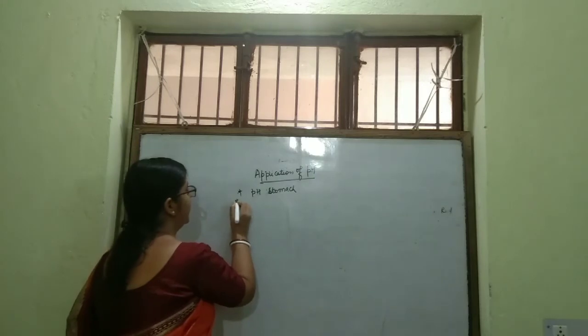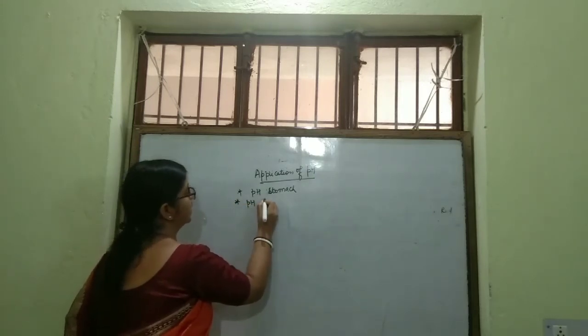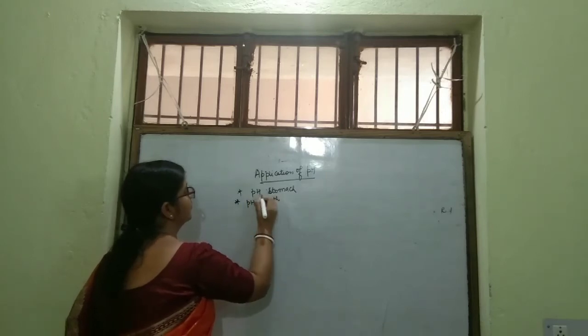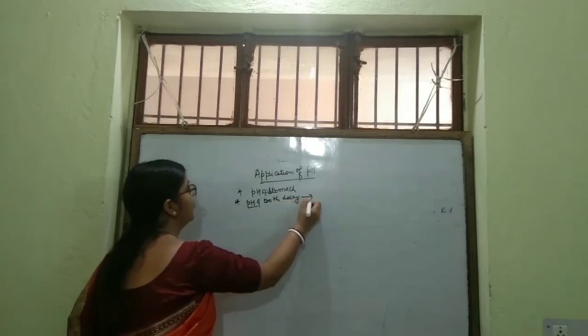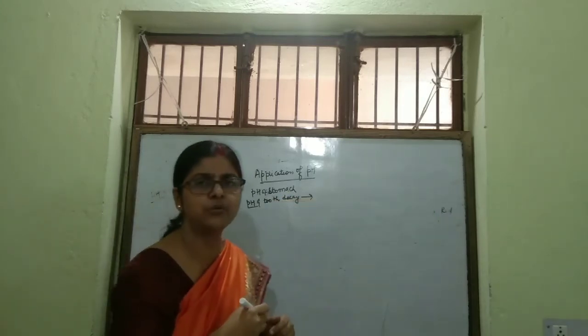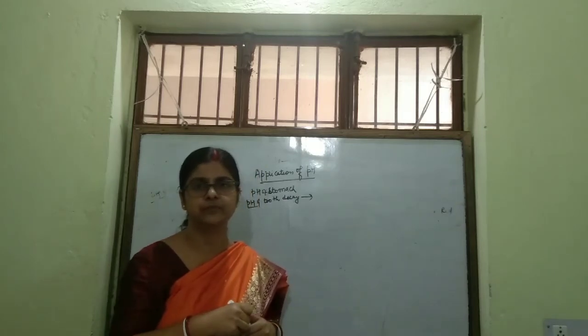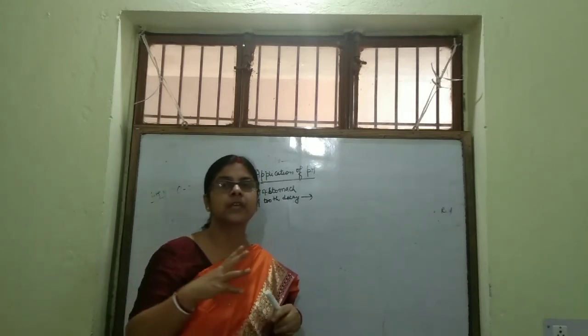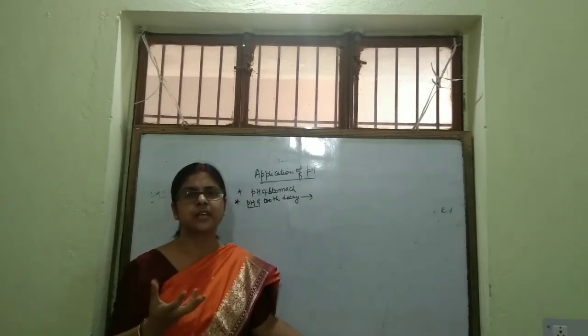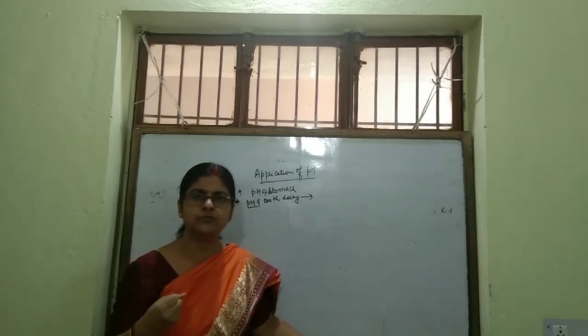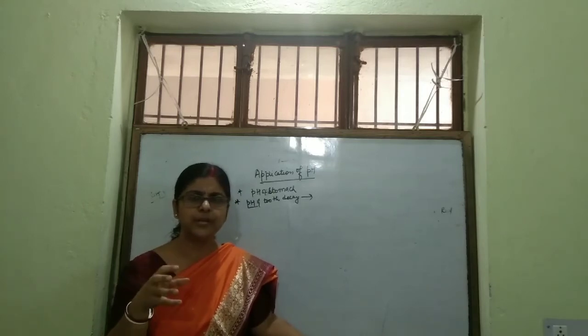Next, pH and tooth decay. You know what is the pH of our mouth? It is 5.5. If sometimes you take chocolates or sweets and you don't wash your mouth properly, then what happens?